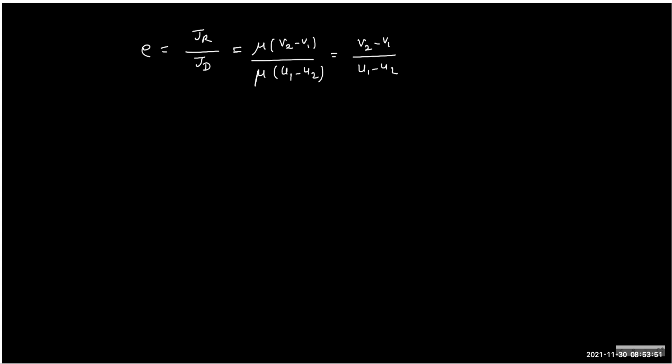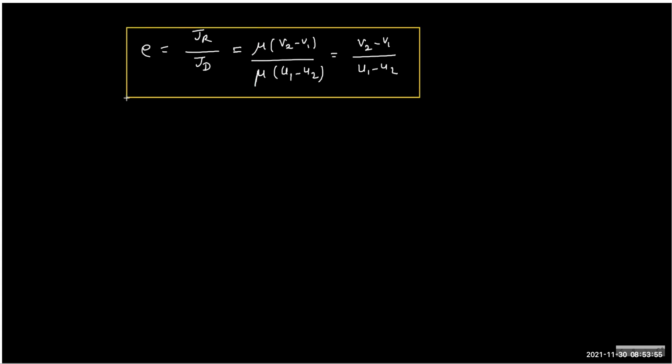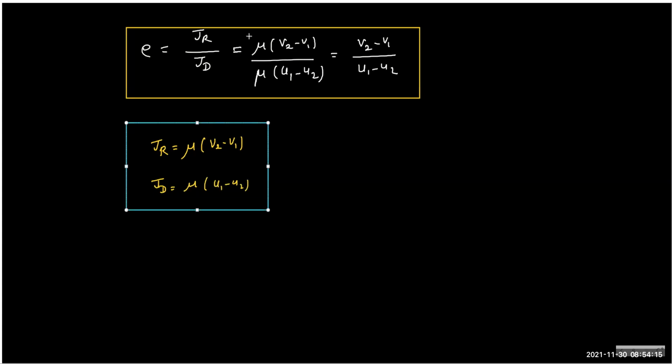So now we have many formulas to deal with. The J_R depends on the separation part, and J_D depends on the approach. So just remember this formula because this will be handy in solving some of the numericals they will ask you.